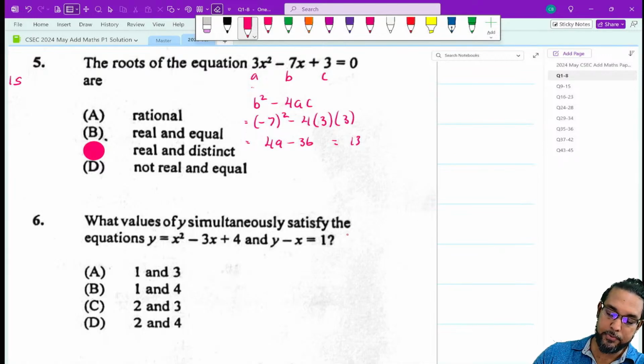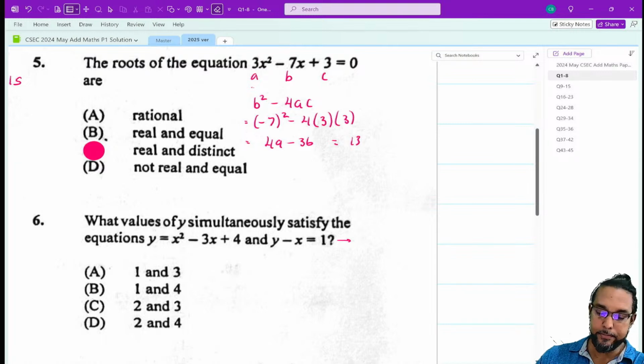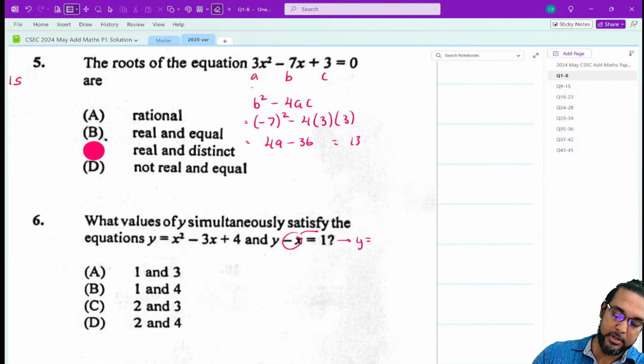So what we can do from this equation here, okay, you know what, let's just do it the usual way. We'll simply make y the subject by quote unquote carrying across the x by adding it to both sides. So we'll just have it as x plus 1. Now if y is equal to x plus 1 and y is also equal to this, it stands to reason that we could let the quadratic x squared minus 3x plus 4 equal this x plus 1.